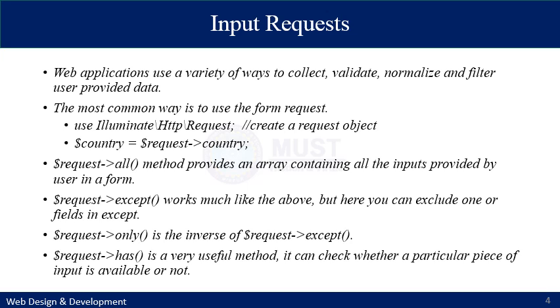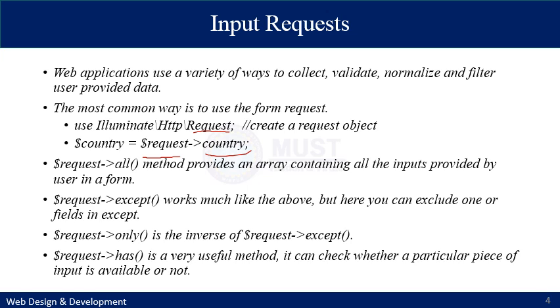The most common way is to use the form request object. You can use Illuminate/Http/Request to create a request object in any of your controllers, and then you can get the input from the request by accessing the request object and fetching the name of the input.